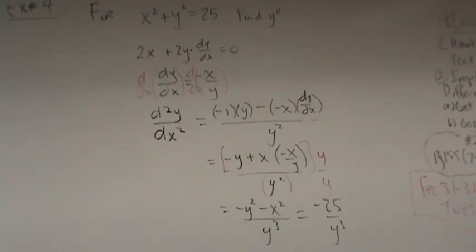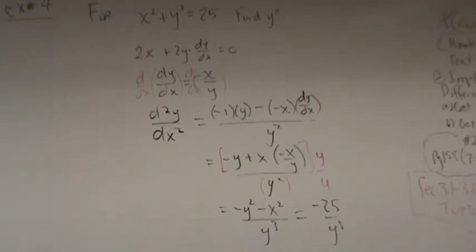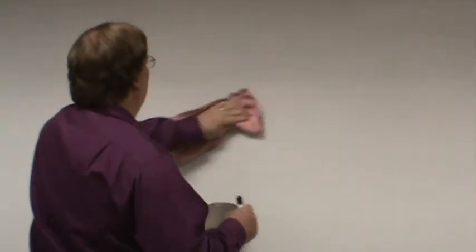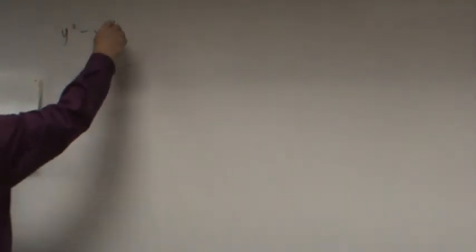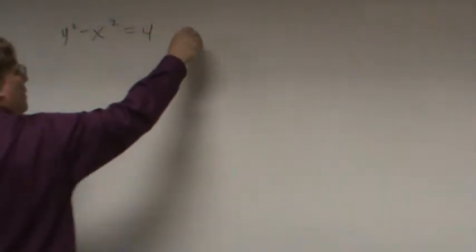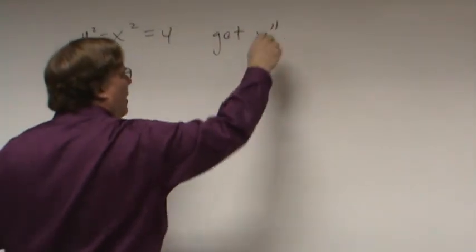You want to do one on your own? Sure. Hey, you got 2 minutes to do this. It's kind of going to be a repeat of that because I can't make them too difficult because they just end up taking a lot of your life. I don't want to do that. Hey, let me see how far you can get on this. y squared minus x squared equals 4. Get y double prime.